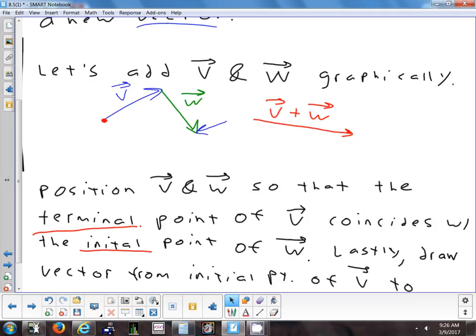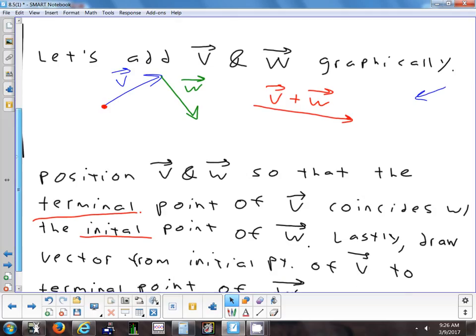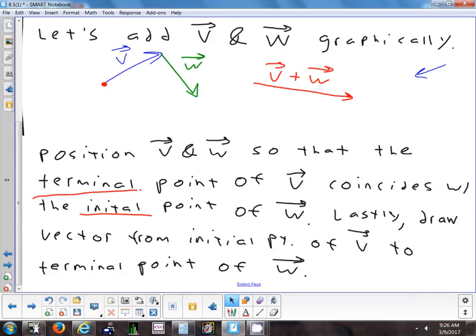You would never have something like that, because now you've kind of broken the flow of the arrows. Okay, it should all flow the same way. And then you just connect where you started to where you stop. Okay, and that's how you add vectors visually.